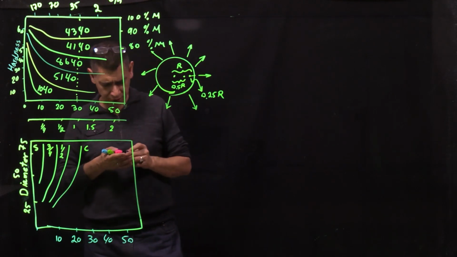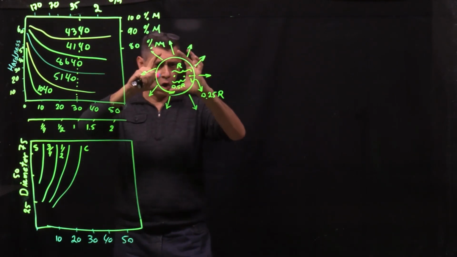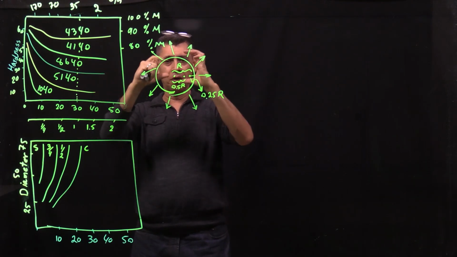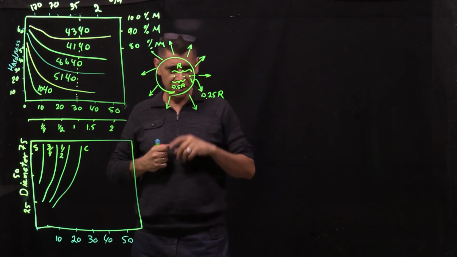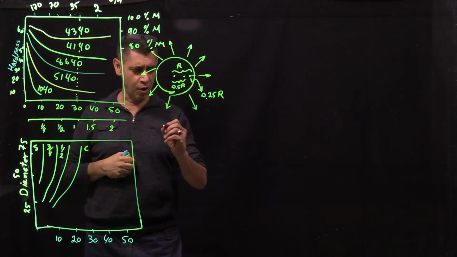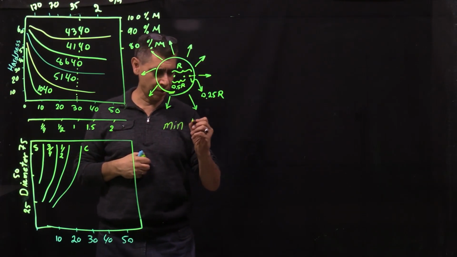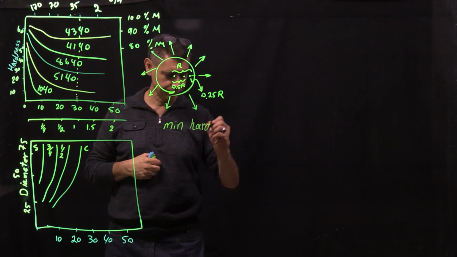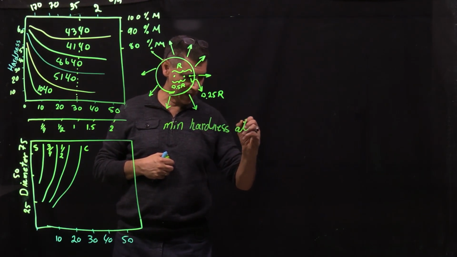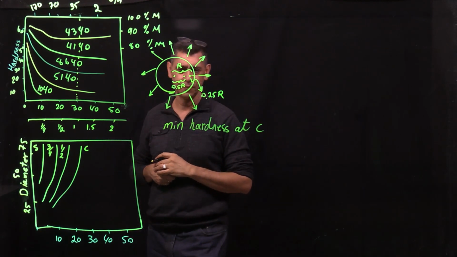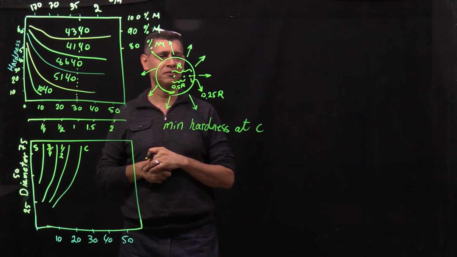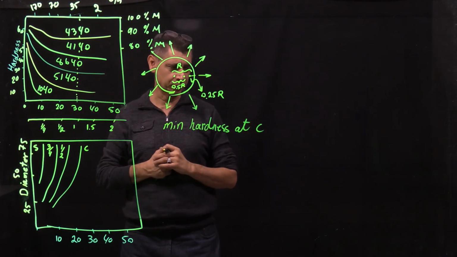We have to also realize one thing: the larger the bar is, as we mentioned, the slower the cooling rate, and the smaller, the faster the cooling rate. If I have to have a minimum hardness at the center, it gives me a maximum possible diameter.